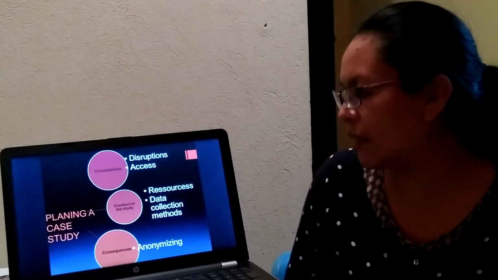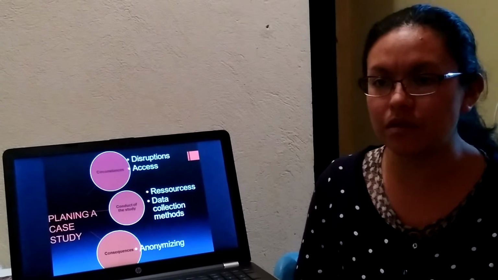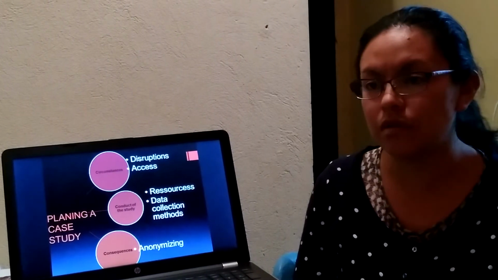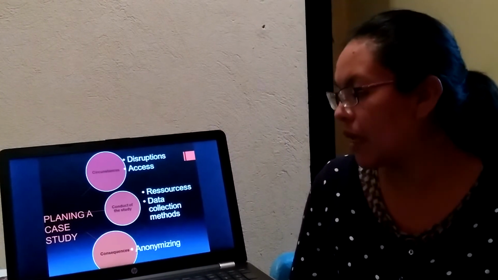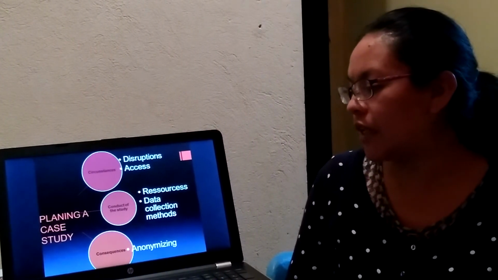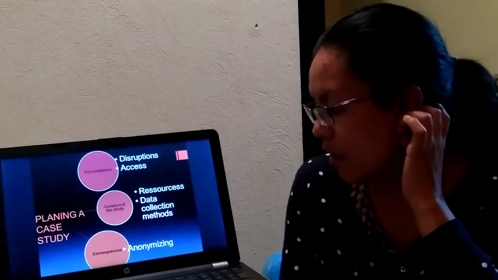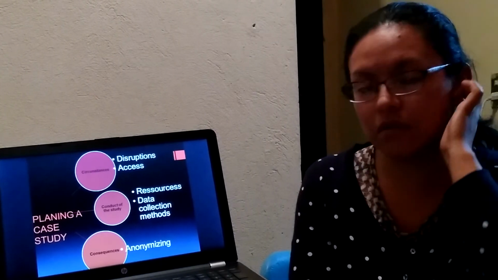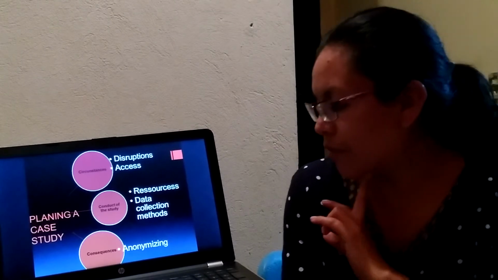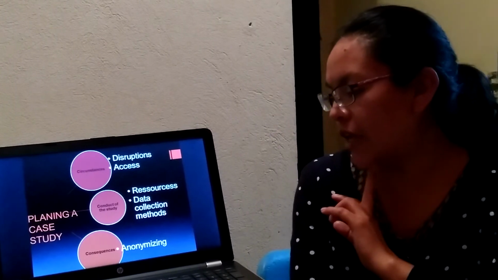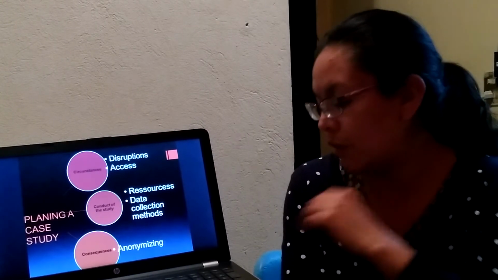We have to plan the conduct of the study. We have to think about the resources, what kind of resources we're going to use, primary or secondary resources, for example. And we have to think about the data collection methods that we're going to use. We're going to plan the consequences of our research. For example, we have to think about the anonymization of the people that we are going to work with.